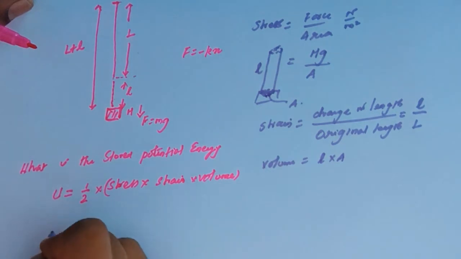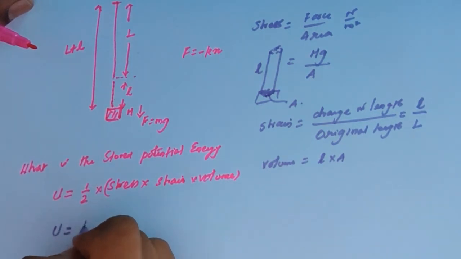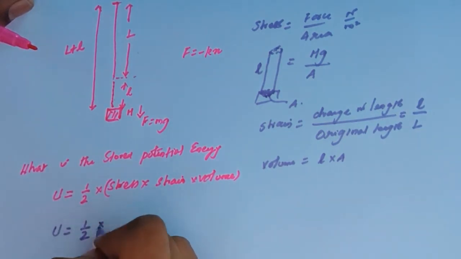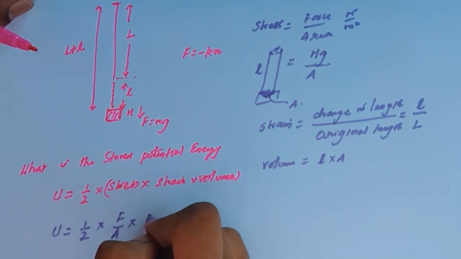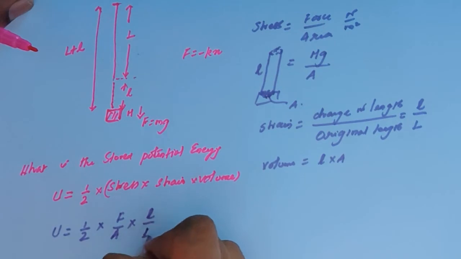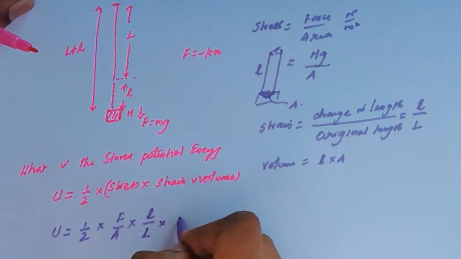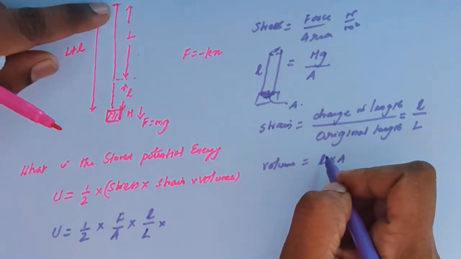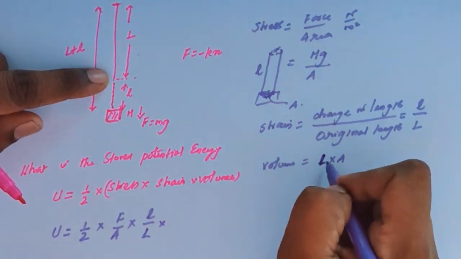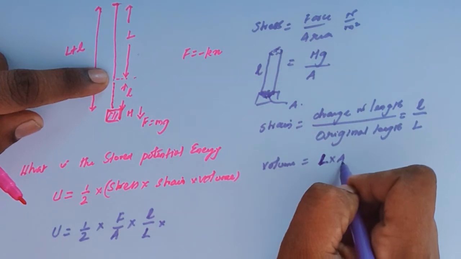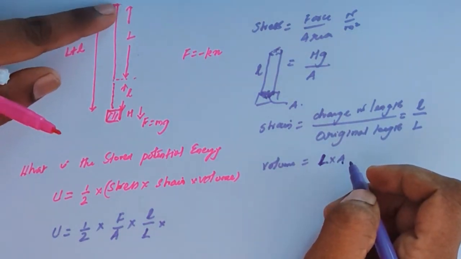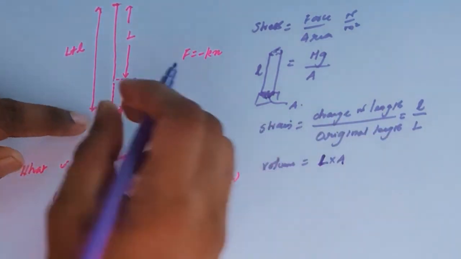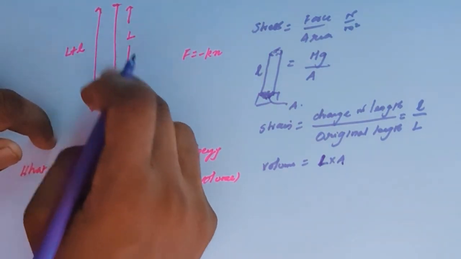We can substitute here. Then the stored elastic potential energy would be equal to half times the stress, which is the force per unit area, times the strain, which is the change in length by original length, times the volume. The volume is not small l, it should be capital L, the total length times the area. Even though if it is extended, the area of cross section will decrease, the total volume remains constant.